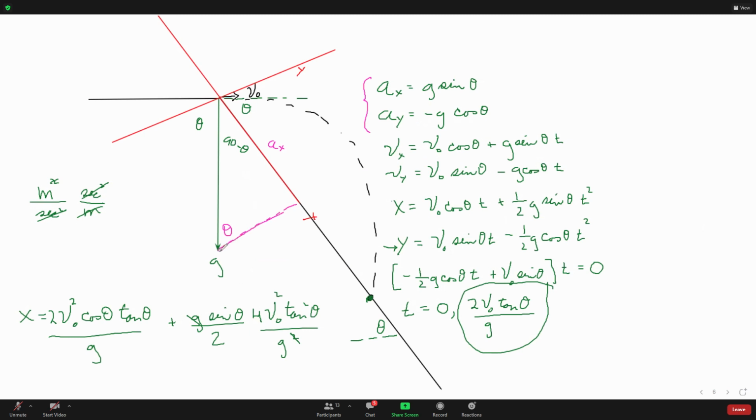This piece right here, this length, is A sub y. Well, A sub y over g is equal to the cosine of theta. So that means the magnitude of A sub y is g cosine theta.